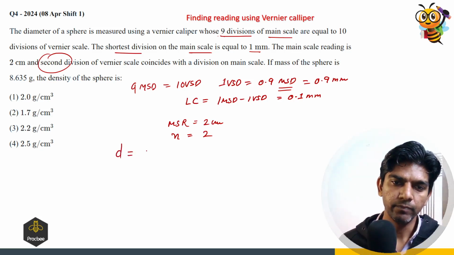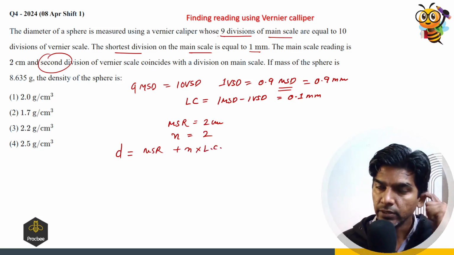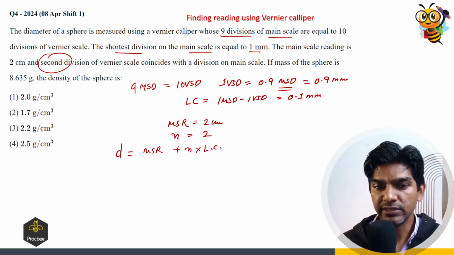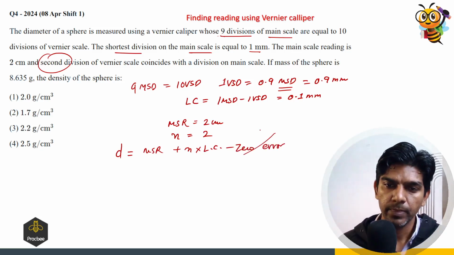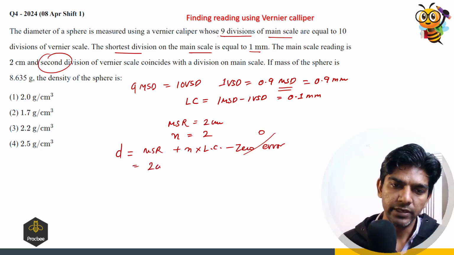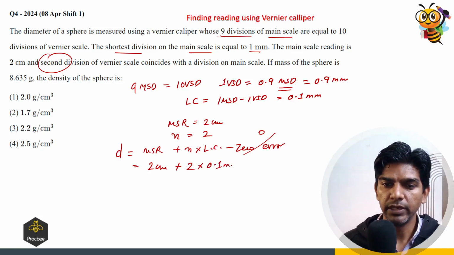Diameter will be main scale reading plus n times the least count. Since no information is given about the zero error, we can assume the zero error is nil, so the third term will be 0. So it will be 2 centimeter plus n times the least count, which is 0.1 millimeter.